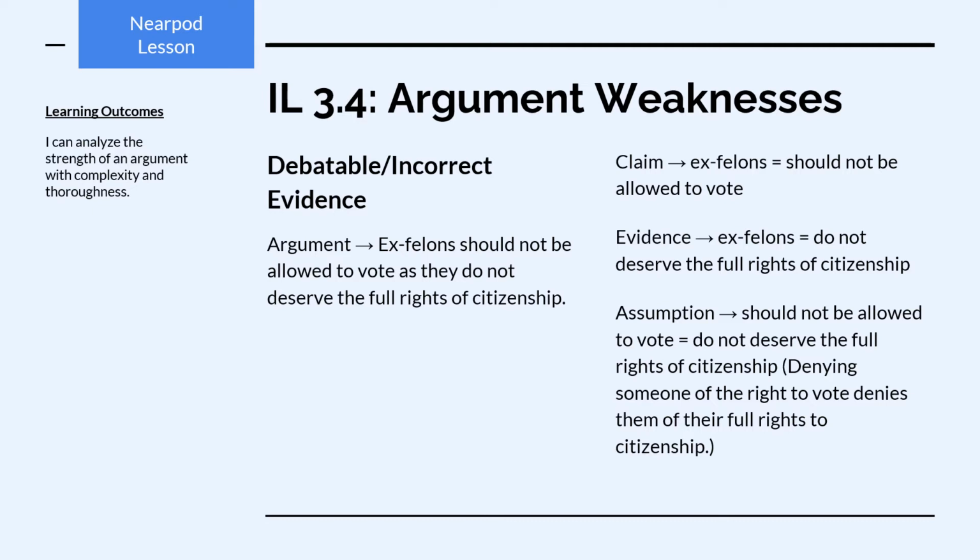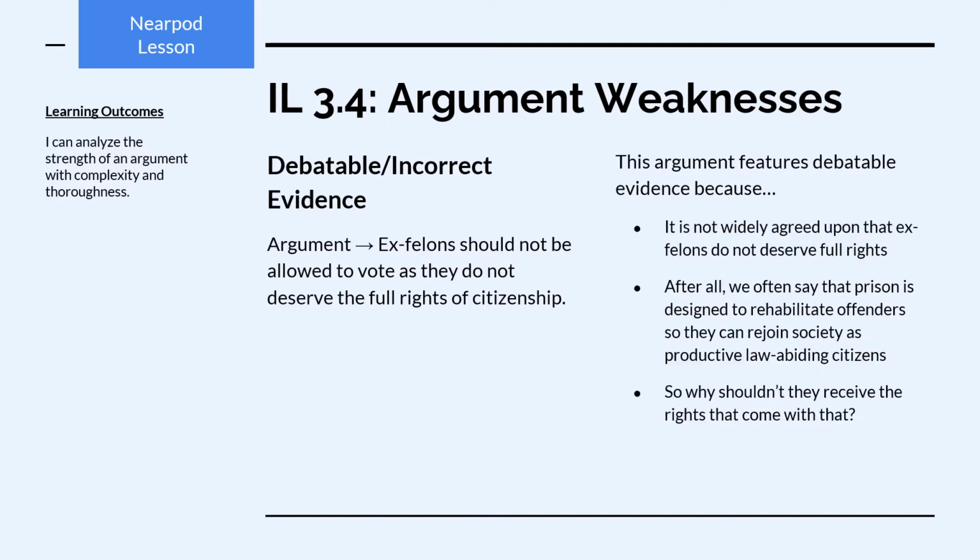Our assumption is going to be something like should not be allowed to vote equals do not deserve the full rights of citizenship. A bunch of different ways we could phrase this, but I came up with denying someone the right to vote denies them their full rights of citizenship, which makes sense. That is a logically clear thing to say. The problem here, though, is in the evidence.